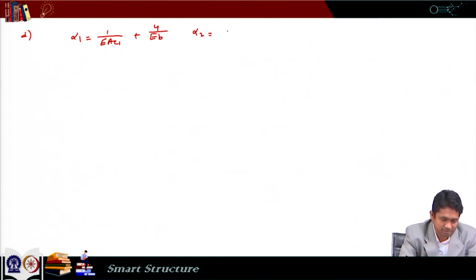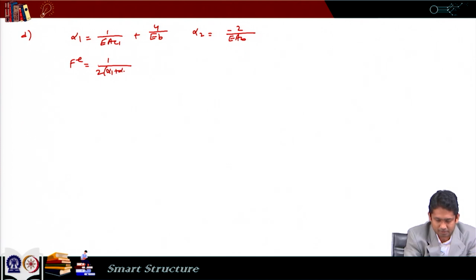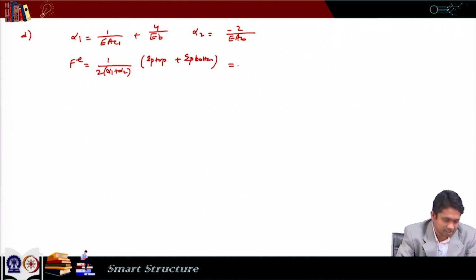Alpha 2 is minus 2 into AB. Using these alphas we can find the extensional actuation force as alpha 1 plus alpha 2 times epsilon p top plus epsilon p bottom.